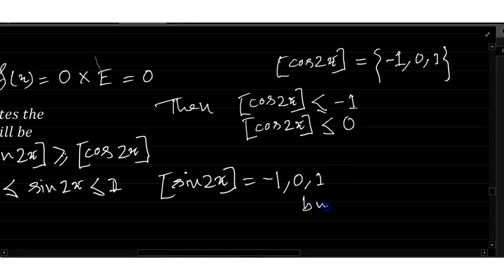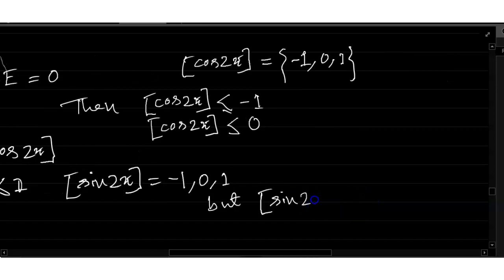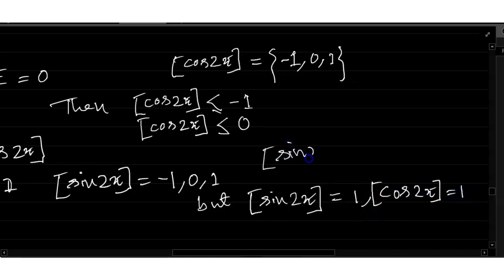So we get [cos 2x] equals minus 1, 0, 1, but [sin 2x] equals 1 and [cos 2x] equals 1, [sin 2x] equals 1 and [cos 2x] equals minus 1 are not possible.